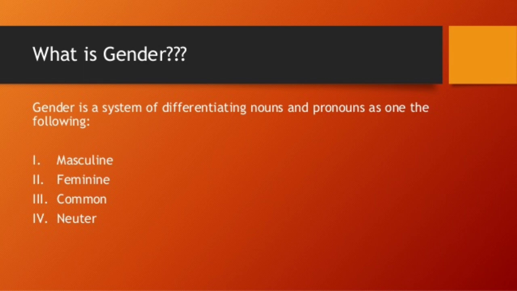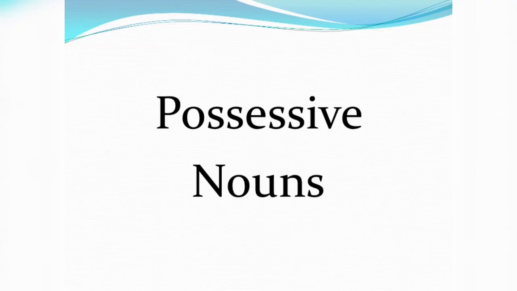Masculine, it is male quality. Feminine is female. Common, it could be both male and female. And neuter is non-living thing. With this, let us learn the new topic called possessive nouns.